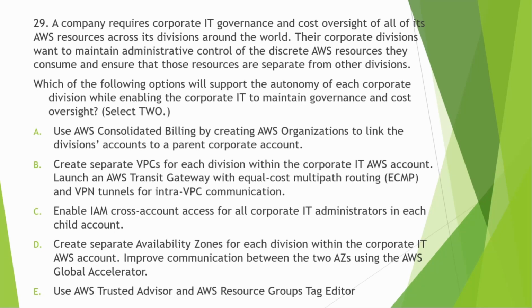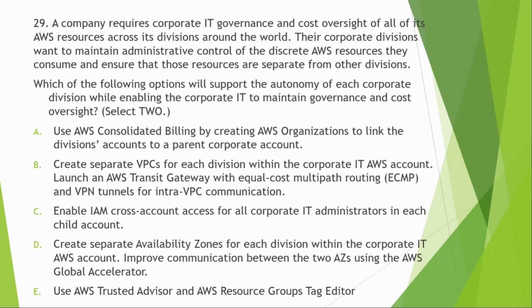Next question. A company requires corporate IT governance and cost oversight of all its AWS resources across its divisions around the world. Their corporate divisions want to maintain administrative control of the discrete AWS resources they consume and ensure that those resources are separate from other divisions.